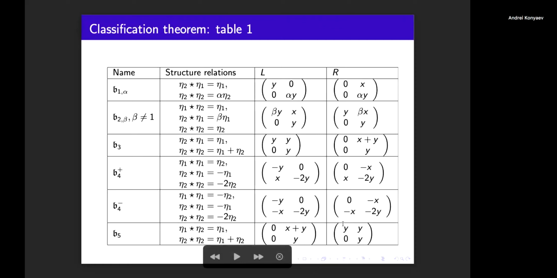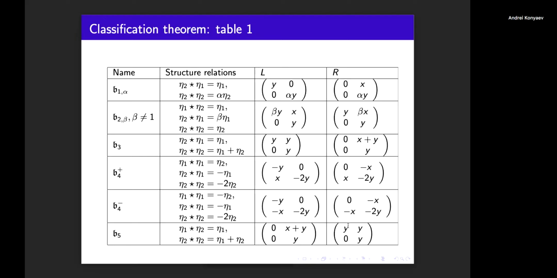So we see that B5 and B1 alpha cannot be isomorphic, even if alpha is 0, right? Because if alpha is 0, then determinant of R is 0, but the determinant of B5 is always y squared. It's not zero almost everywhere. So in addition to the previous, we see that it cannot be isomorphic.